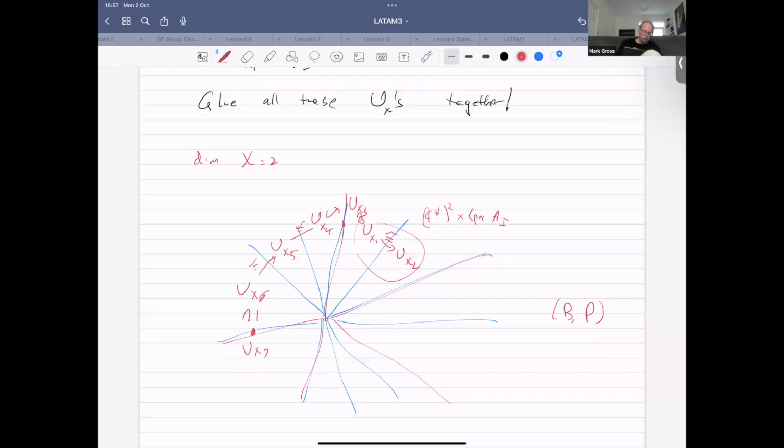We have inclusion of UX7 there, and UX8 has inclusion there, and so on. So, associated to every chamber, if you will, of this wall structure, you have one of these models, one of the UXs, and we glue them together by gluing adjacent copies of these things. So we get a scheme.